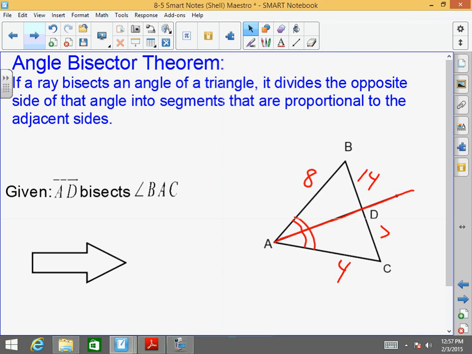The side opposite of the angle that was bisected will be proportional to the adjacent sides of the triangle. So if AD does indeed bisect BAC, then BD to BA will be equal to DC to AC.